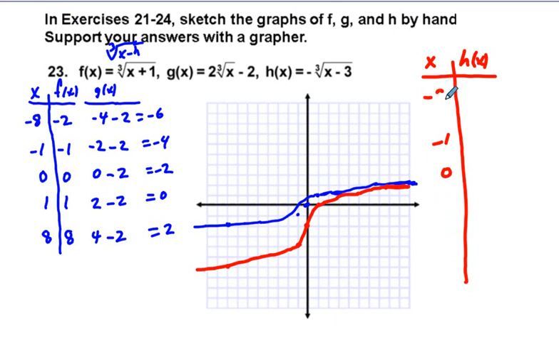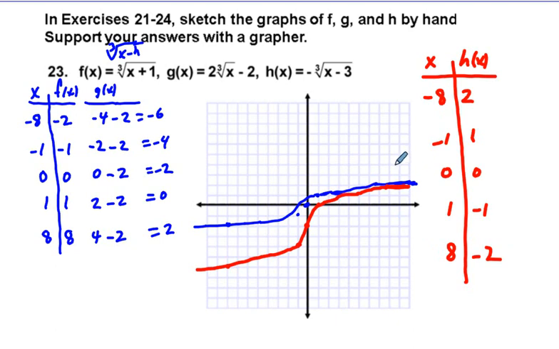Here we go. Negative 8, negative 1, oh excuse me, that's positive 1, 8. And we're going to take the negative of what that is. So instead of negative 8, comma, negative 2, that's going to be negative 8, comma 2, negative 1, comma 1, 0, comma 0, 1, comma negative 1, 8, comma negative 2.